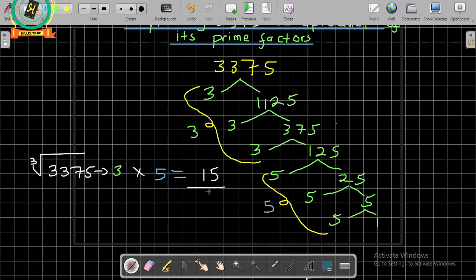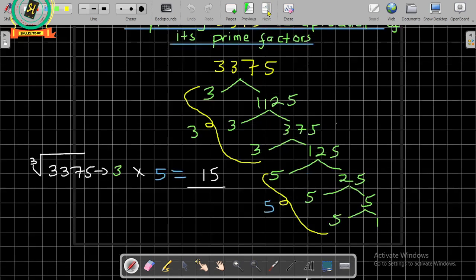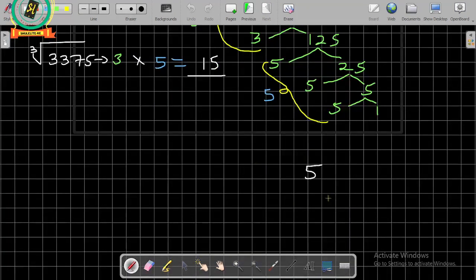Now, combining this with what we earlier had, the cube root of 1,000, which is 10, we are going to have our final answer as 15 out of 10. Where is this coming from?